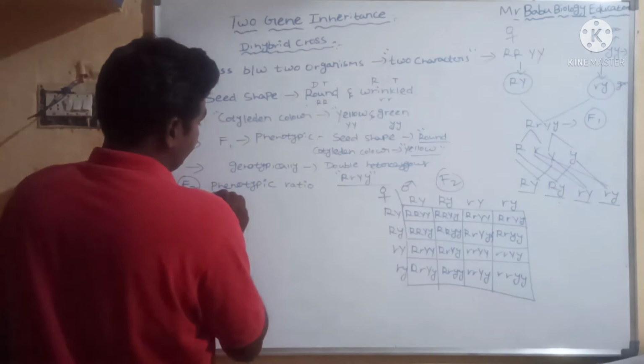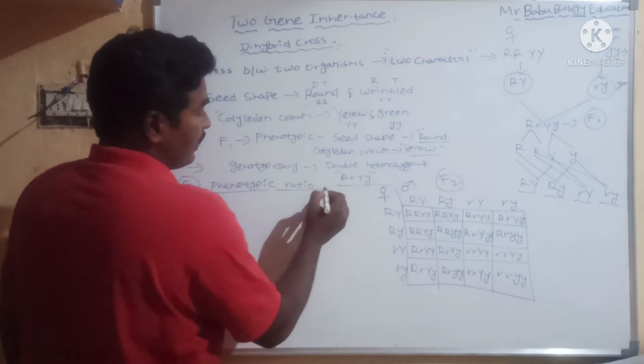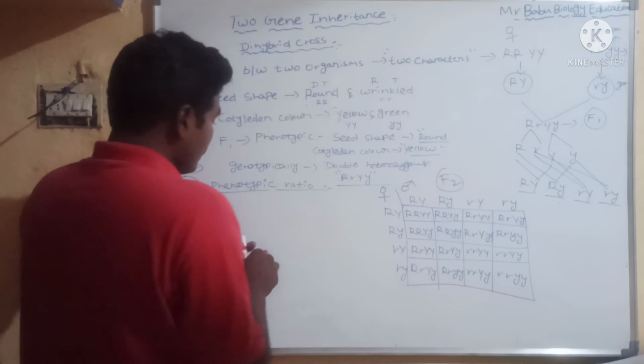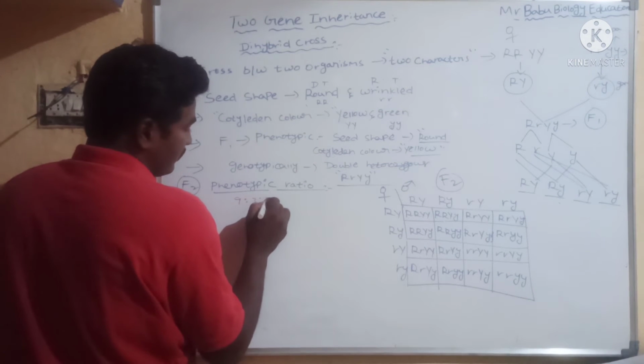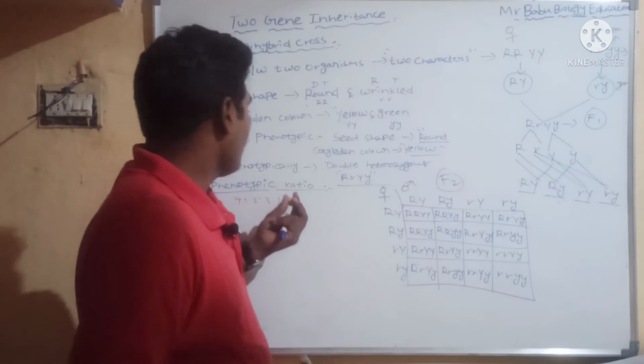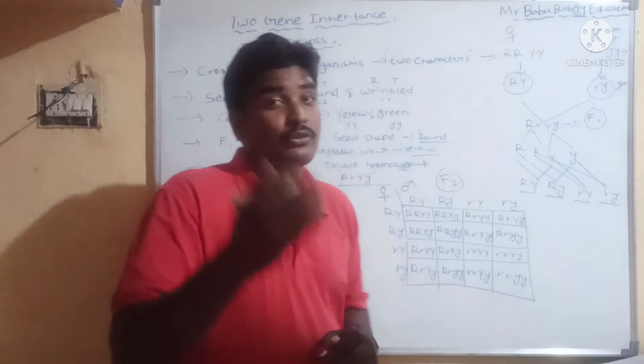If you see the phenotypic ratio, 9:3:3:1. Now, how can I write it here?